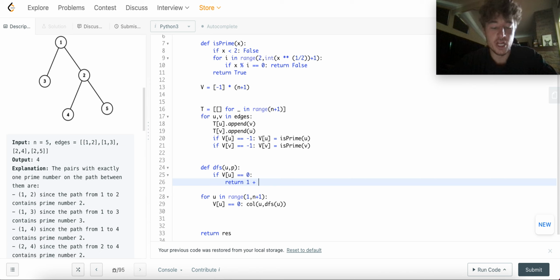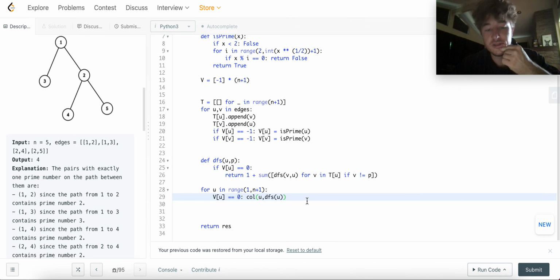Well, we're going to look at all the neighbors, as long as it's not the parent. So we're going to say sum of DFS of V with U as the parent, for V in the neighbors in the tree for U, if V not equal P. All right. So that should give us the length of each component.